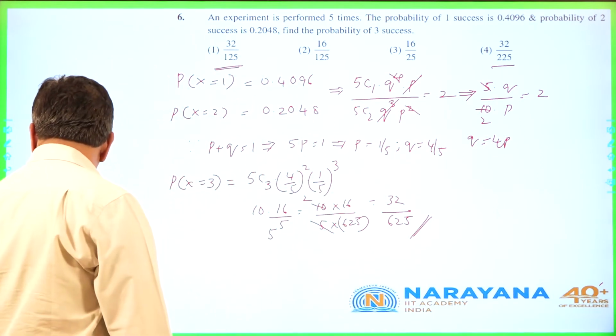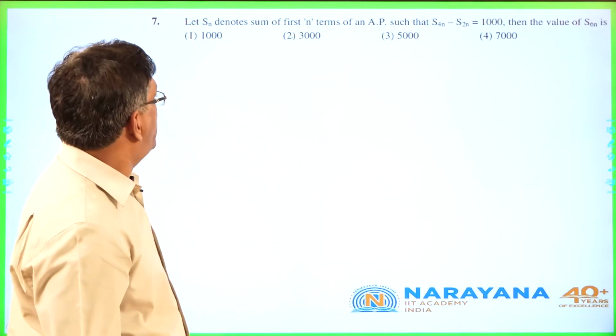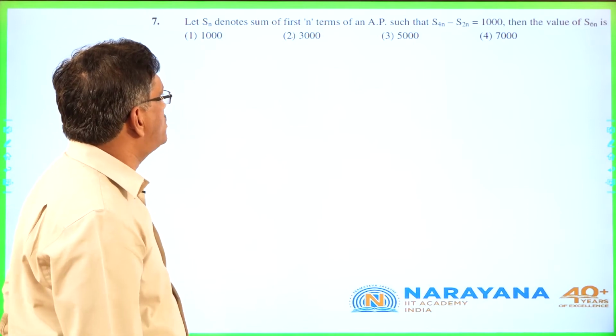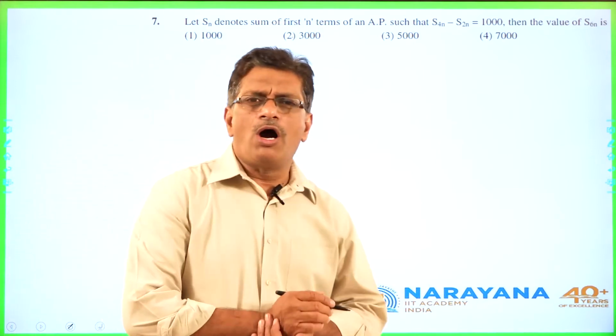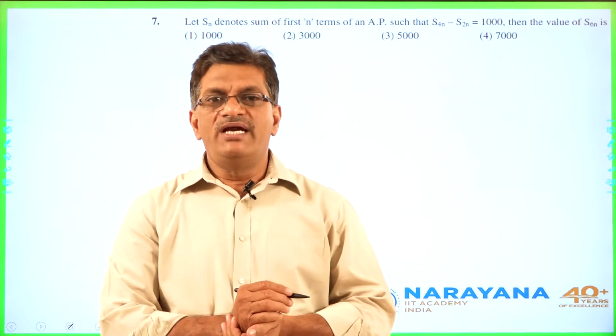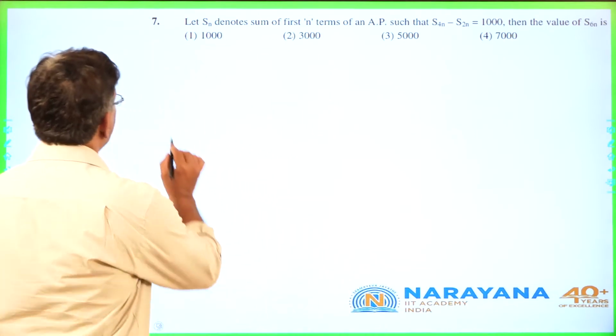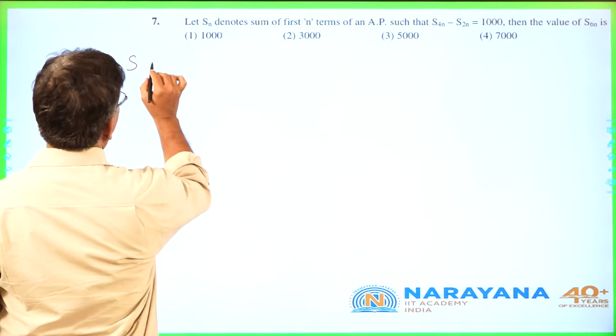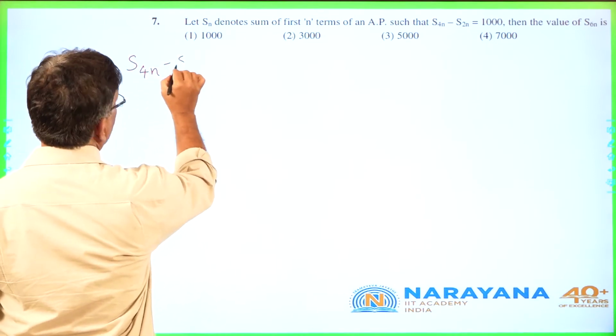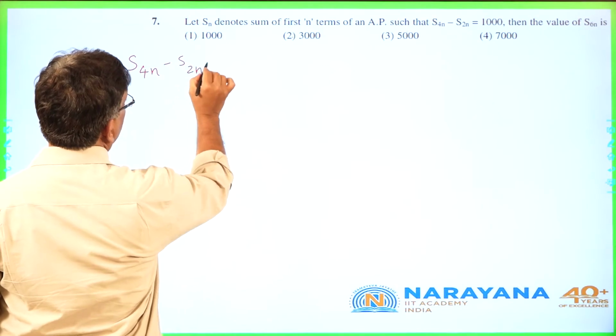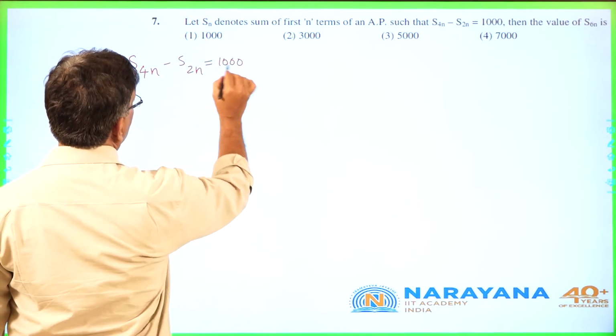Let us go to the next one. Let Sn denote the sum of first n terms of an AP. We all know the formula of Sn. It is n by 2 into 2a plus n minus 1 into d. So what he has given is S4n minus S2n is equal to 1000.